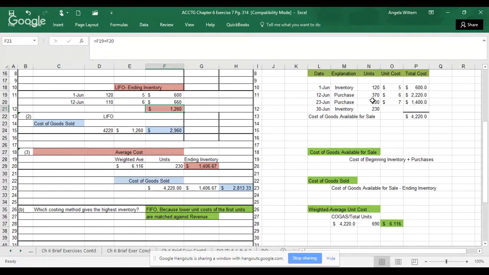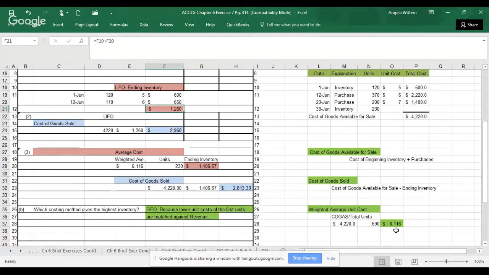So 120, 370, and $200 adds up to our 690 units. So our average weighted cost is $6.116. The problem did suggest that we round average unit cost to 3 decimals, so I left it at 0.66.